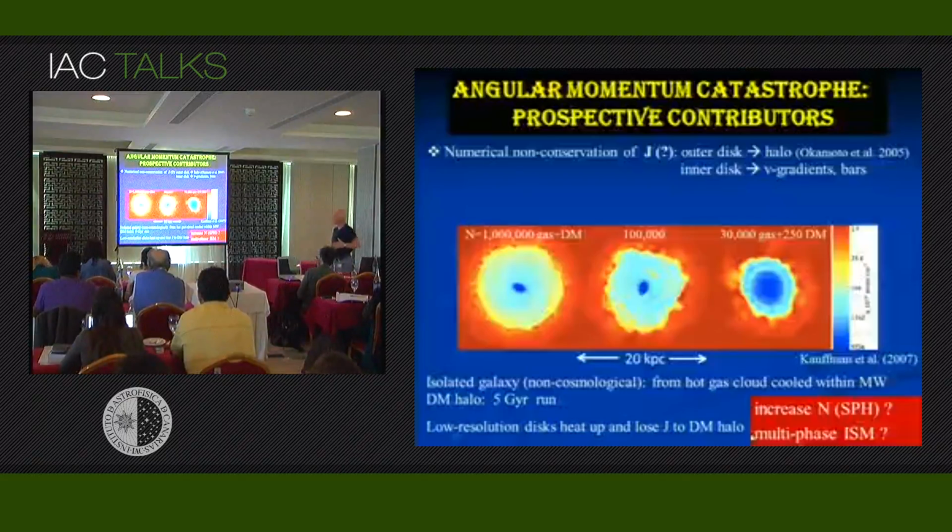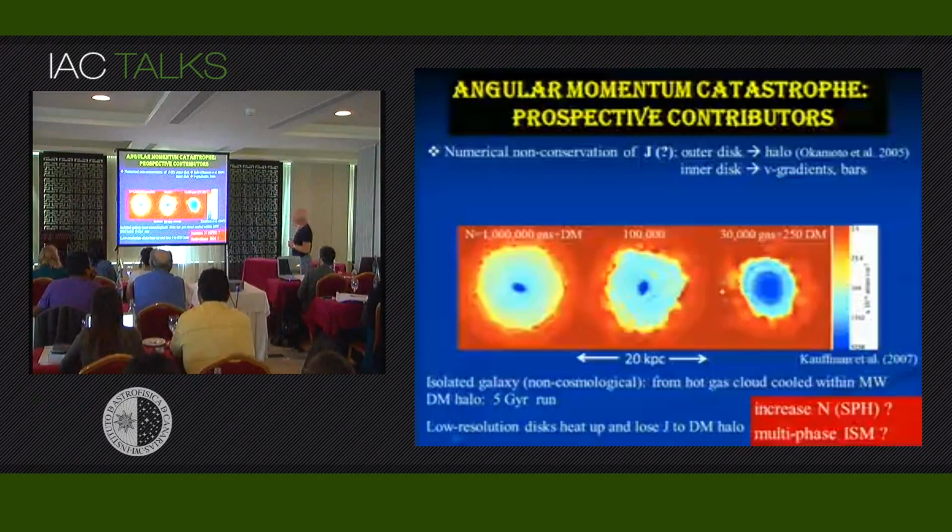Okay. The second conspiracy theory is that, well, maybe the angular momentum is not conserved because of numerical reasons, and one can specifically focus on particular reasons. Cosmological numerical simulations miss the central to resolve the central parts of galaxies.